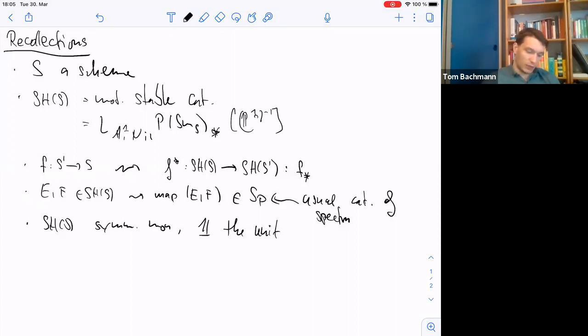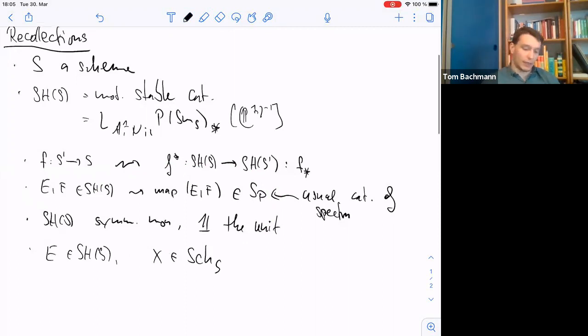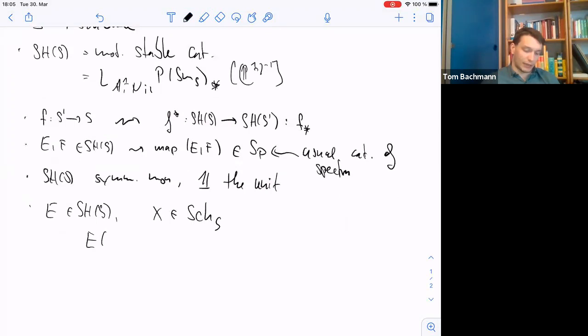Yeah, so then we combine all of these things in the following notation. If E is one of your motivic spectra, and if X is any S-scheme, not necessarily smooth, then I write E(X), and this is going to be a spectrum in the usual sense.